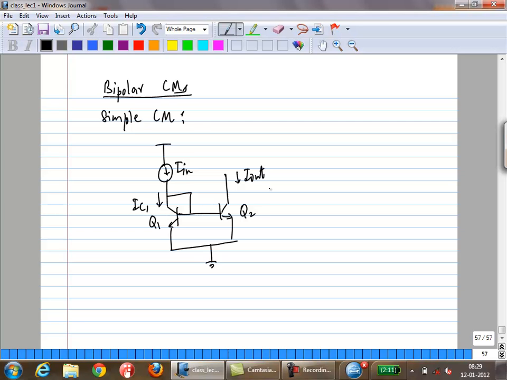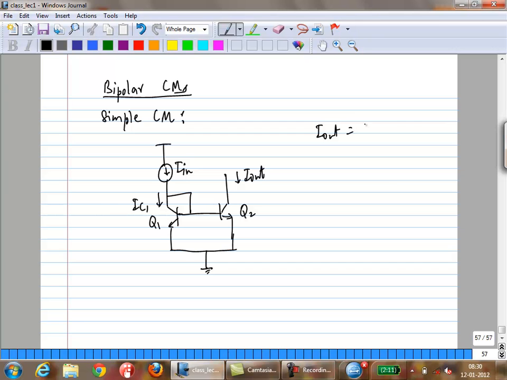Okay, this is a simple bipolar current mirror. What is I out?